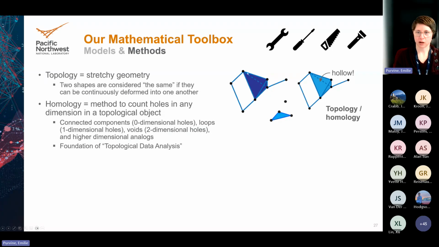Both of these have a hole that's enclosed by a cycle. This one has a void that's enclosed by a surface. This one has two different connected components. All of those are properties of the shape of these objects, and homology is the study, or quantifying, of these holes.